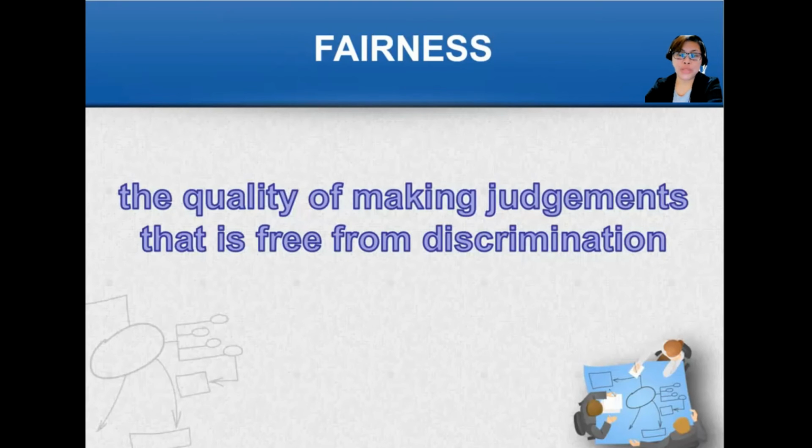Fairness in the context of a business organization involves balancing the interest involved in all decision making, including any decisions related to hiring, firing, including the investigatory process and the compensation and reward system. Okay, so hiring the right people is one of the most important decisions an organization makes. So it's the quality of making judgments that is free from discrimination.